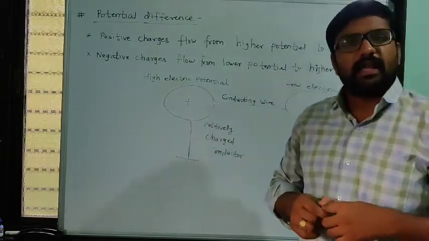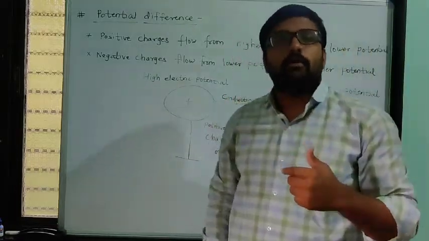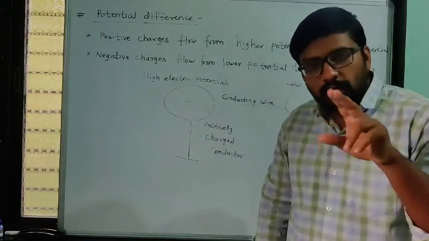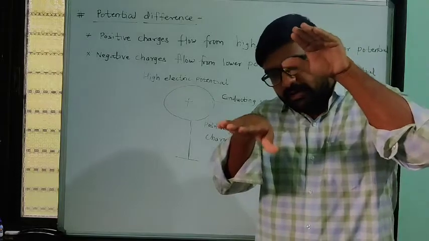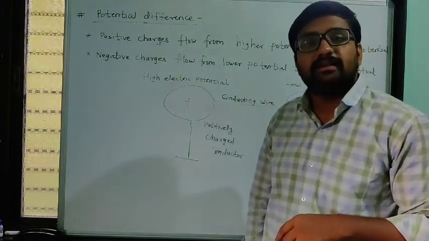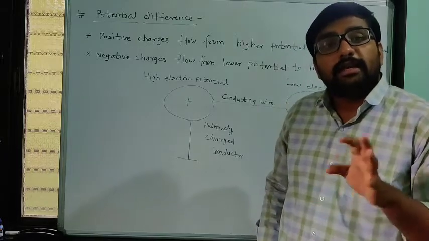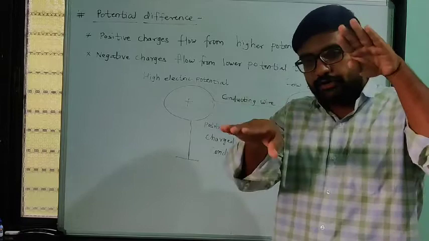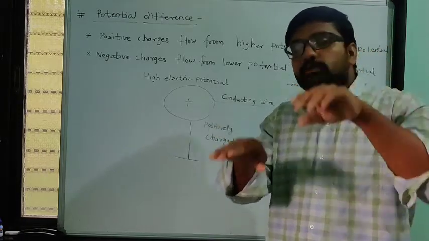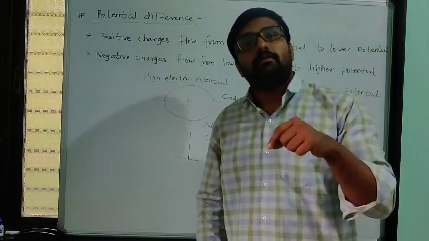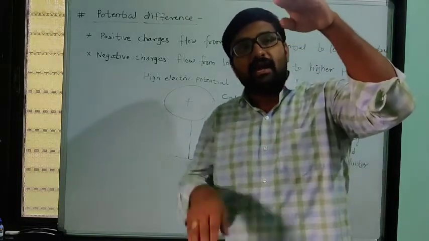If you see what the basic difference between the two tanks is, as we already studied in the last example, the basic difference between the two tanks is the height. Due to the difference in height, water will flow from the tank of higher height to the tank of lower height.